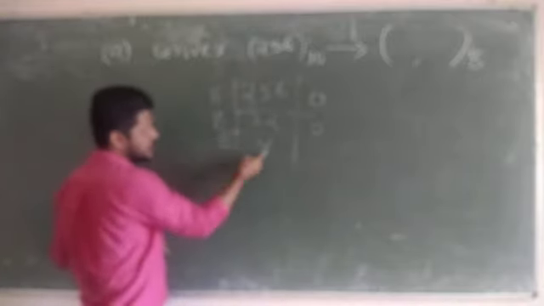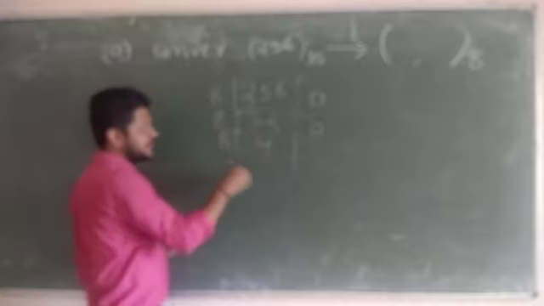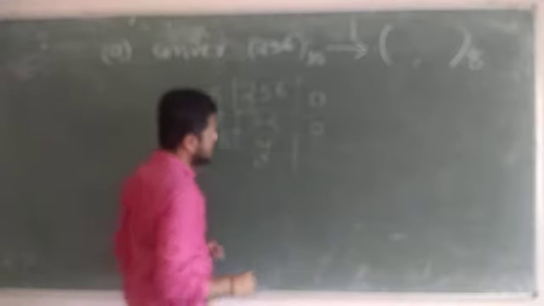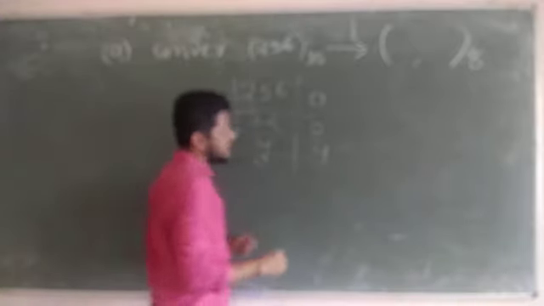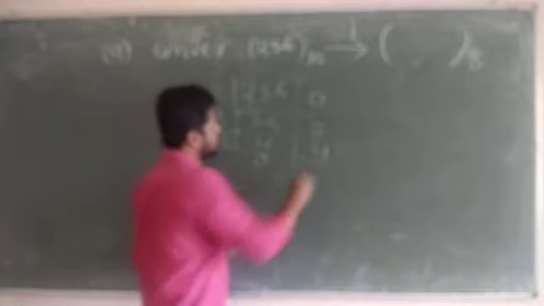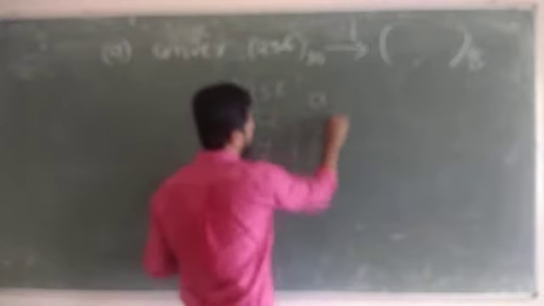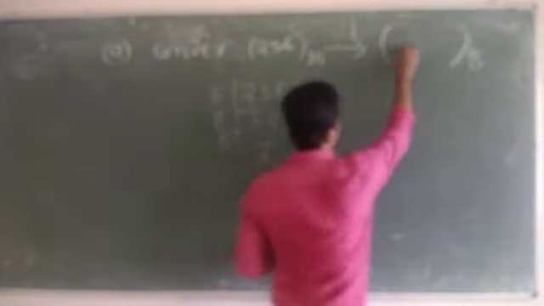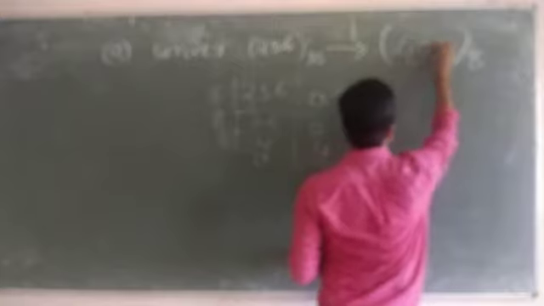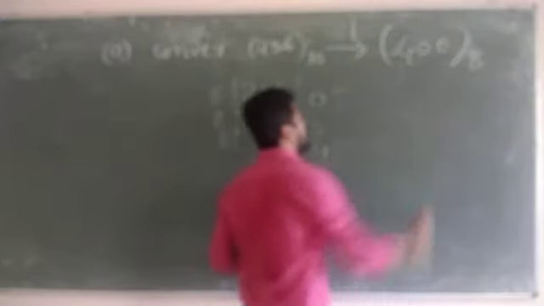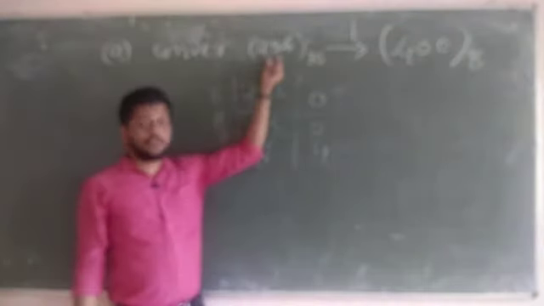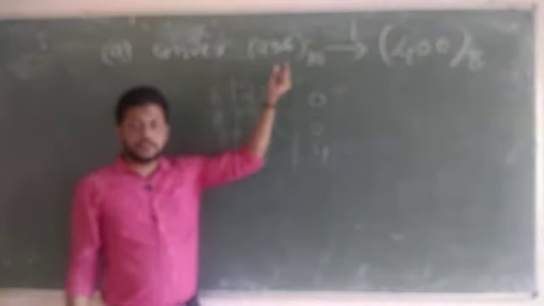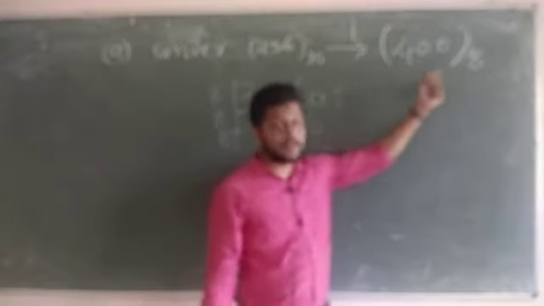Then obviously this 4 is smaller than 8, so 8 into 0. Here you have 400. When you convert this number from decimal to octal, the answer is read from bottom to top. So the number which is 256 in decimal becomes 400 in octal.